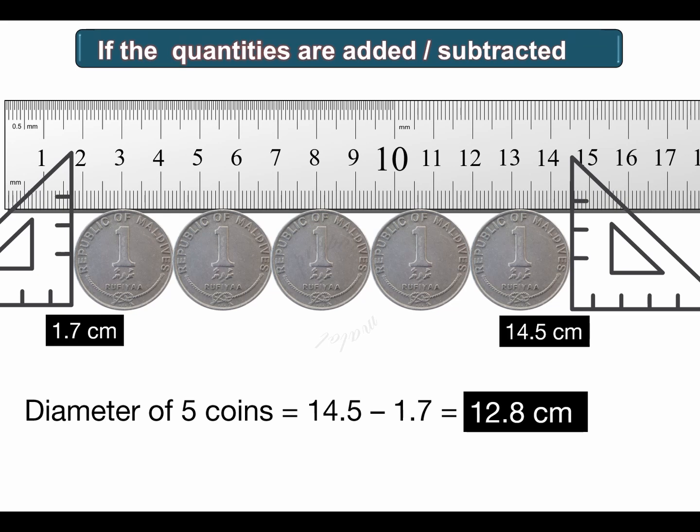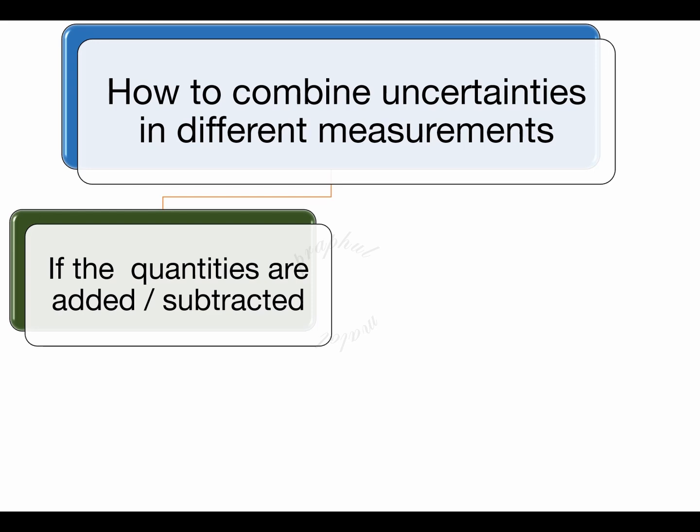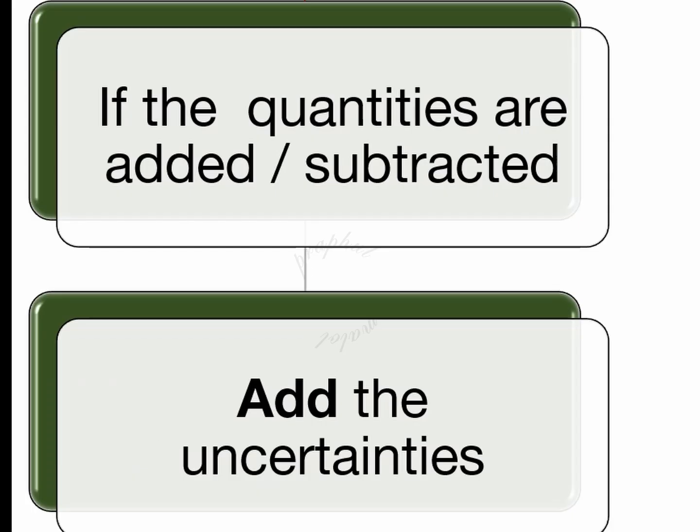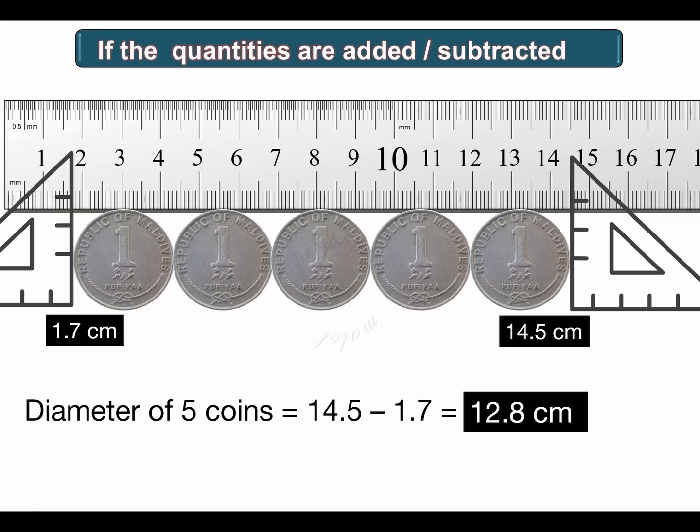Uncertainty is not 0.05 centimeters. You cannot look at the decimal places and decide the uncertainty, because 12.8 centimeters is not a measurement. It's a calculated answer. Here the quantities are subtracted to get that answer. If quantities are subtracted or added, what you have to do is add the uncertainties in the measurements. Even if it's a subtraction, the errors in physics will never get subtracted. They always get added.